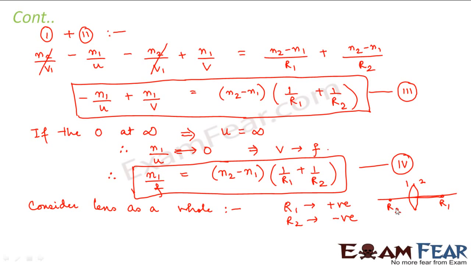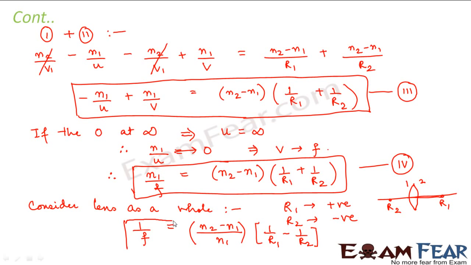So if R1 is positive, then R2 is negative, right? Taking this fact into consideration, on both sides we get 1 by F is equal to N2 minus N1 divided by N1 into 1 by R1 minus 1 by R2.